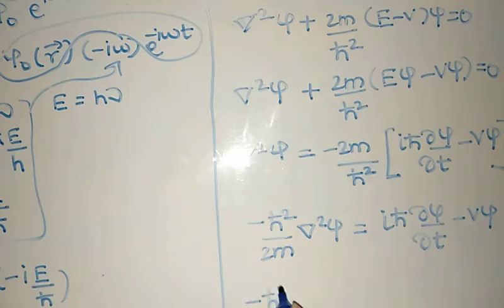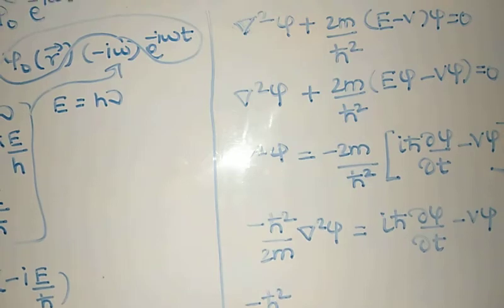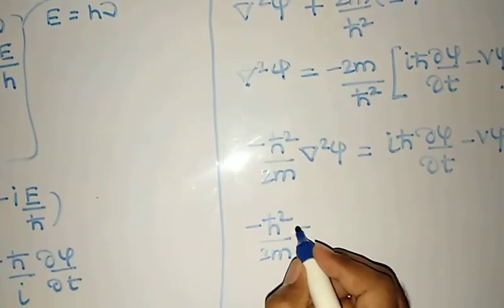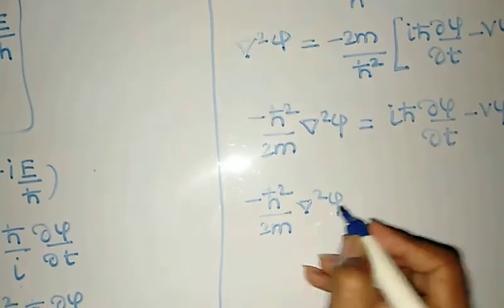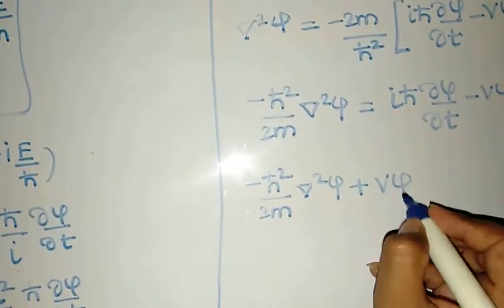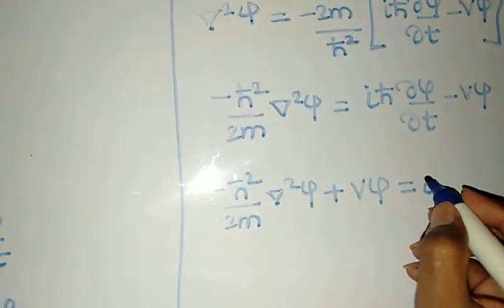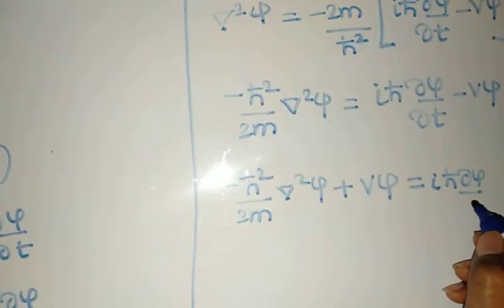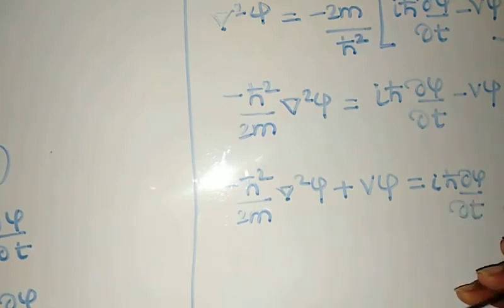So minus h cut square upon 2m del square psi plus V psi is equal to i h cut deva psi upon deva t.